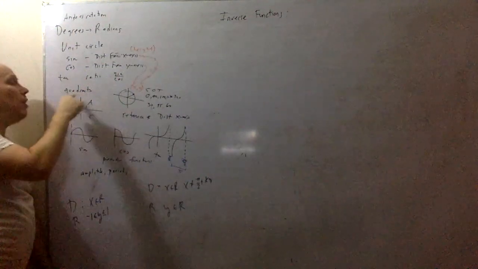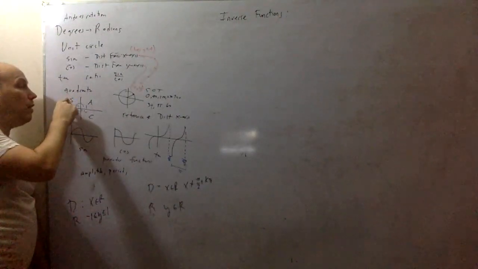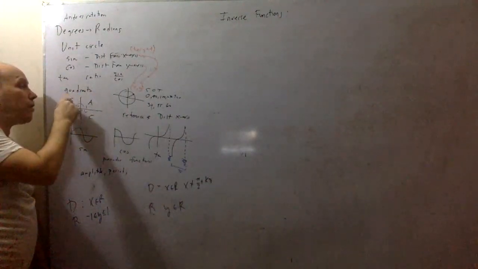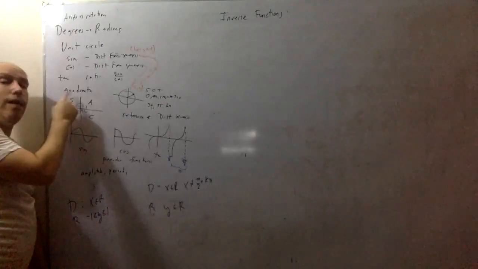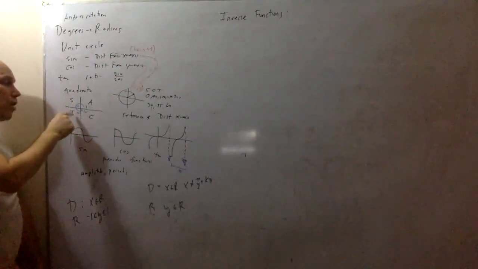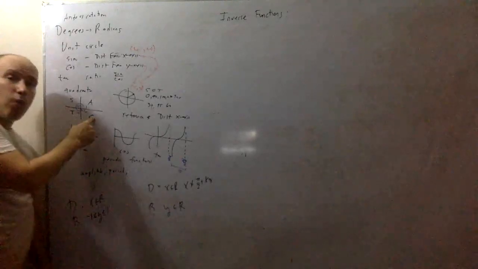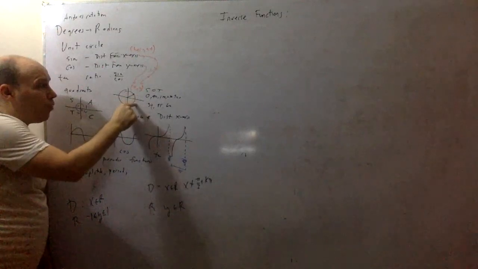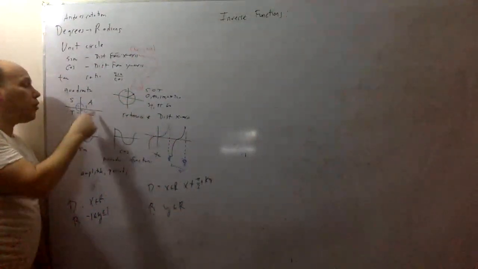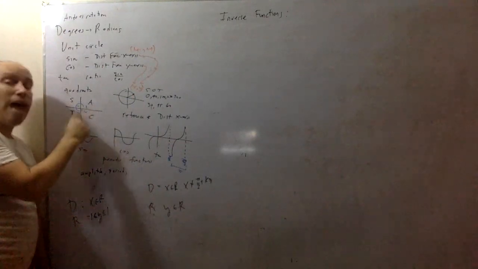In the second quadrant, only sine is positive, cosine is negative, and therefore the tangent is negative. In the third quadrant, sine and cosine are both negative, so tangent is positive. In the fourth quadrant, sine is negative but cosine is positive, and therefore tangent is negative.